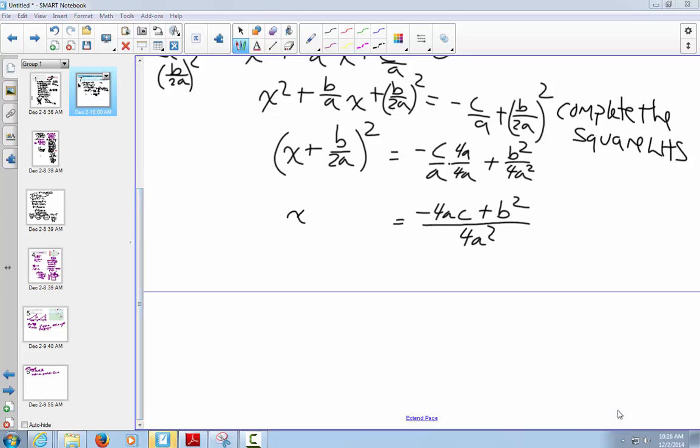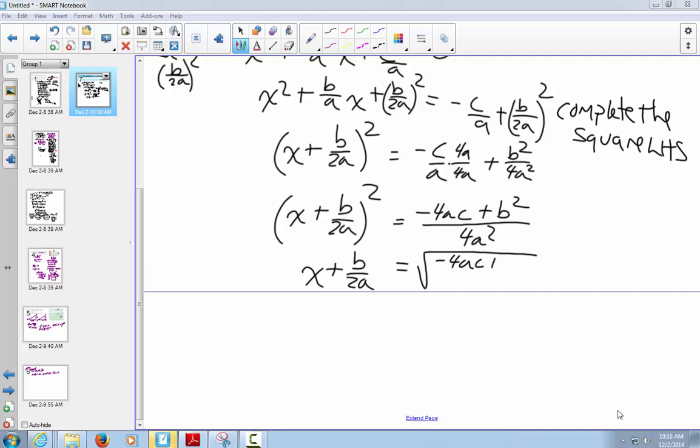And that's equal to x plus b over 2a squared. Now, because we're completing the square and we're trying to get x by itself, take the square root of both sides. So we get x plus b over 2a equals the square root of negative 4ac plus b squared over 4a squared.